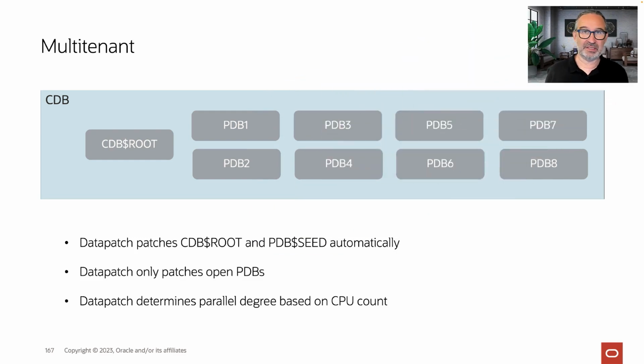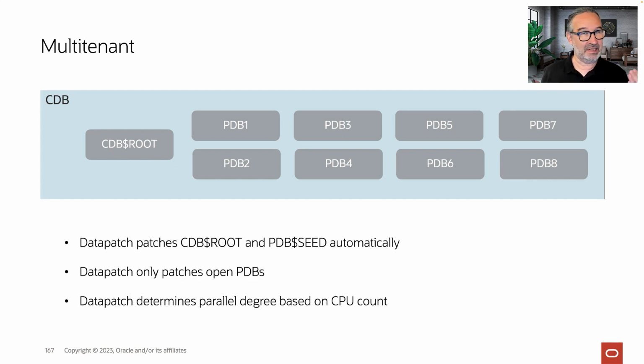So thank you, Rodrigo. And let us cover the final topic for today, the patching then in the multitenant environment. So standard is that CDB$ROOT gets patched first, and then PDB$SEED and the PDBs get patched in parallel. The parallel degree is determined by an internal algorithm based on CPU count mostly, and it then decides how many PDBs get patched in parallel.